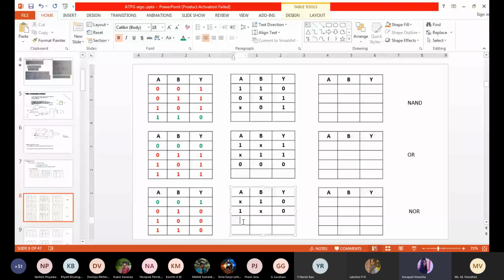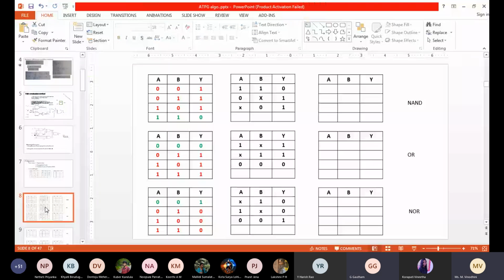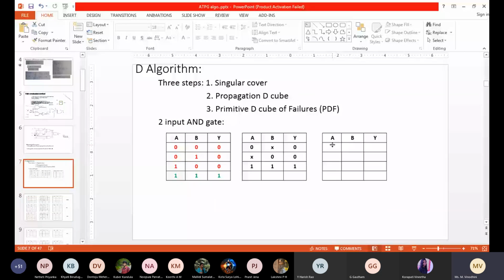Okay. Gautam, are you getting this? No, ma'am. I made one mistake, ma'am. Okay. But it's clear, right? How to solve this? Yes, ma'am. I'm checking, ma'am. Okay. Now, hope all others also have now understood how to get the singular cover.